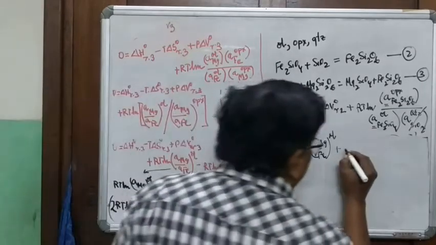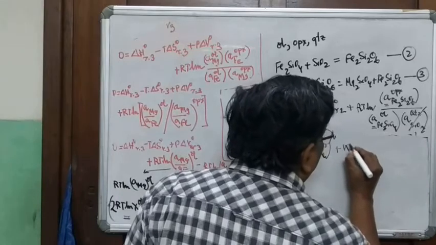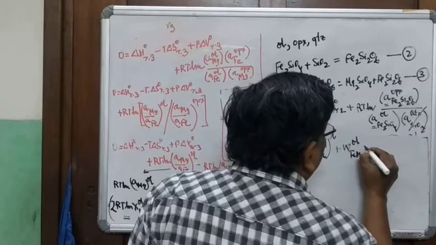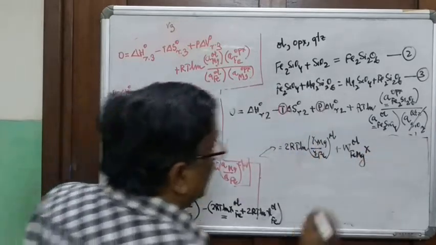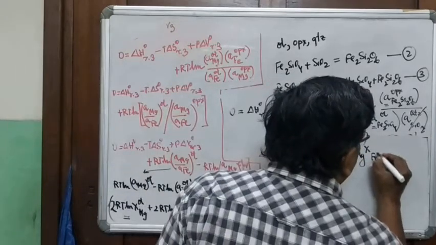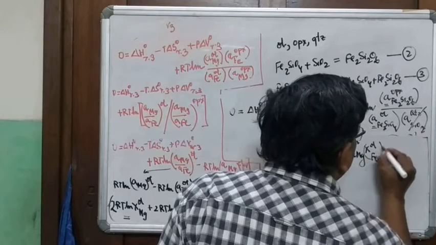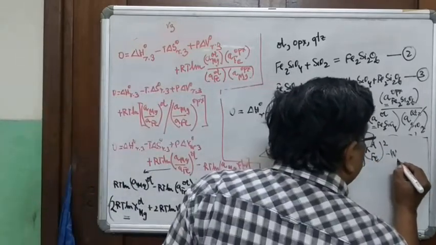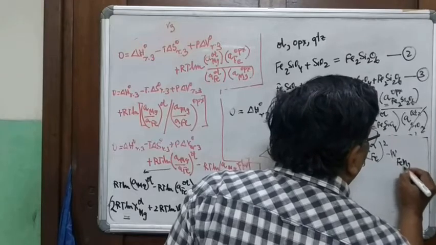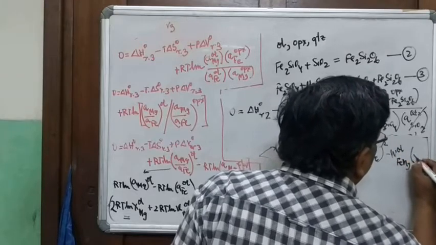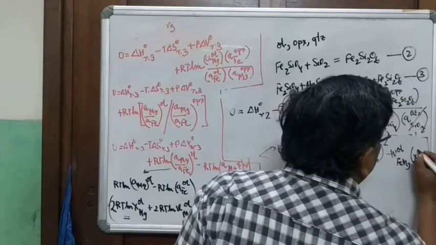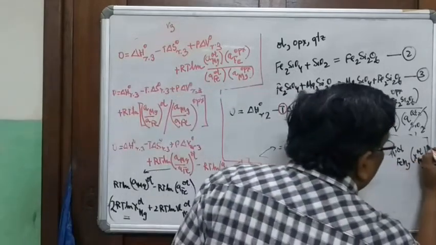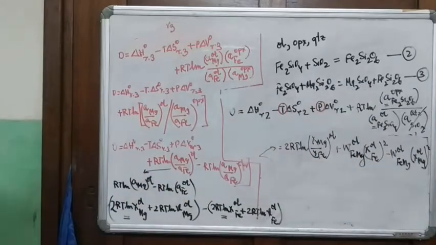What does this mean? W FeMg olivine into, this is Mg, no? So this will be XFe olivine whole squared minus same W FeMg olivine into XMg olivine whole squared.